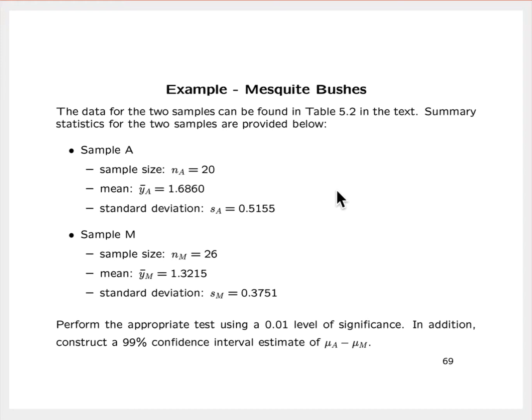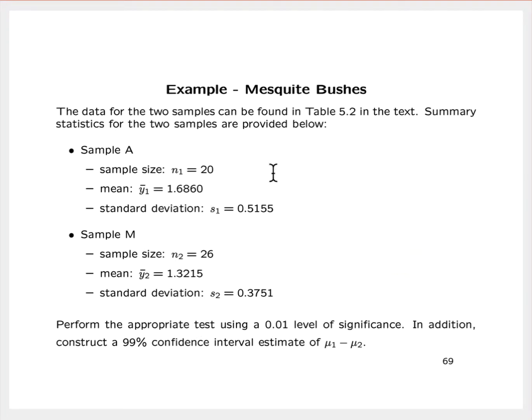Now, in addition, as a follow-up to that test, we're going to construct a 99% confidence interval estimate for the difference mu1 minus mu2. In the previous section, we used mu1 minus mu2, and so I want to be consistent with that, so I'm going to modify this a little bit.